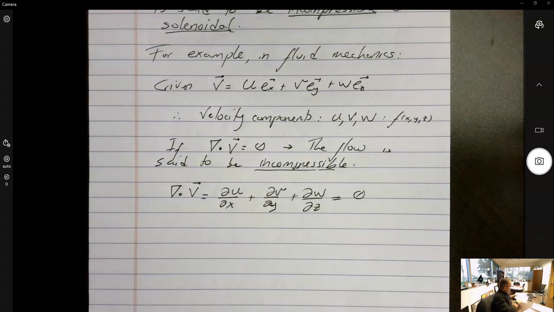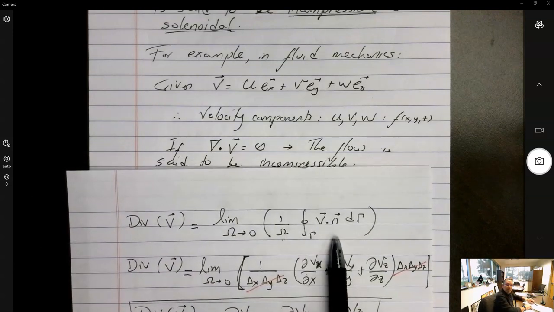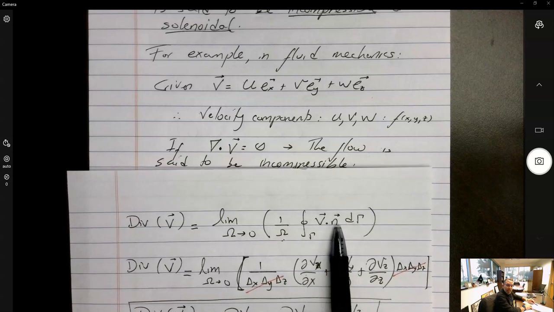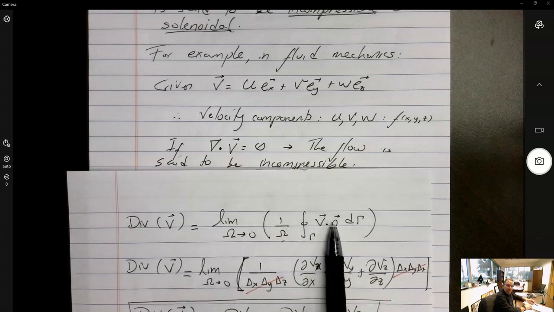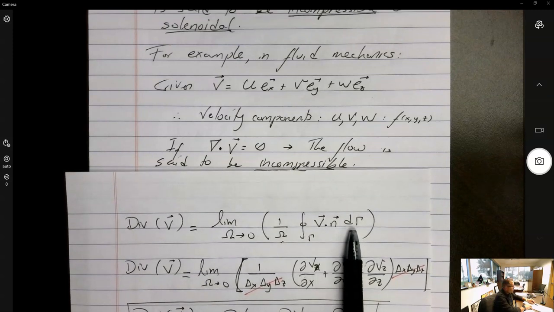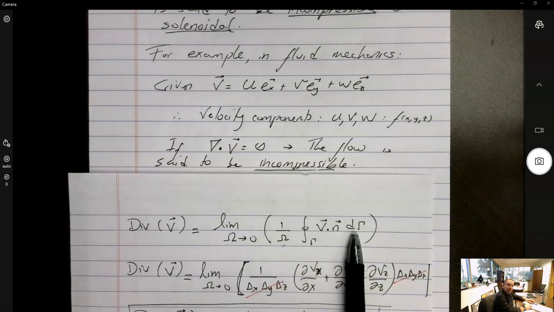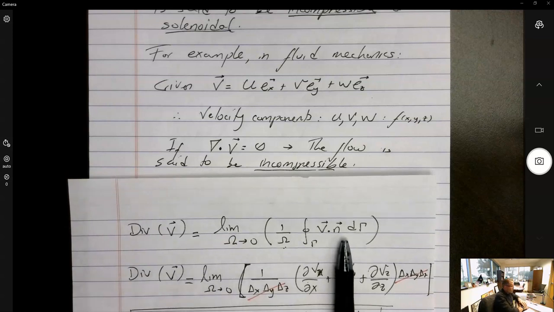Now, by definition, as we talked about, this is what this integral means. This integral is quantifying the amount of flow rate. The velocity times the normal vector is the effective amount of velocity leaving through every single piece of window on the surface. And when you integrate that, you're basically multiplying velocity times area all over the surface that surrounds this volume.